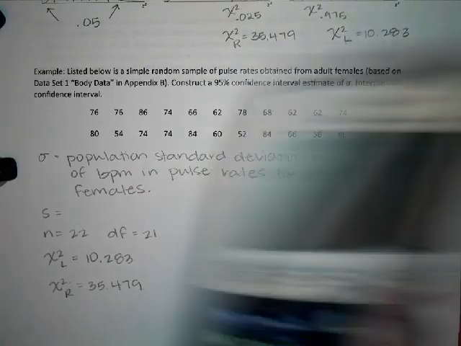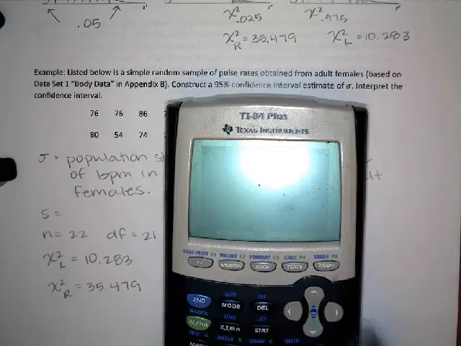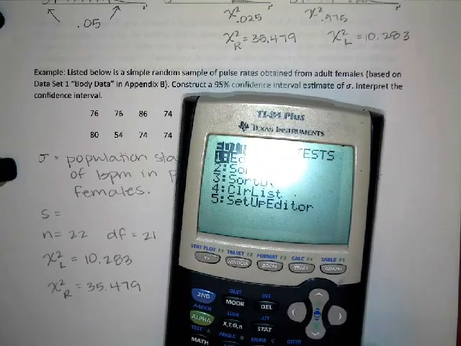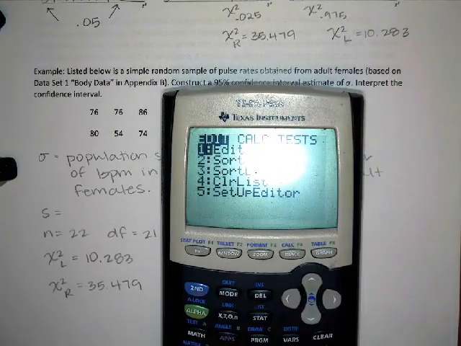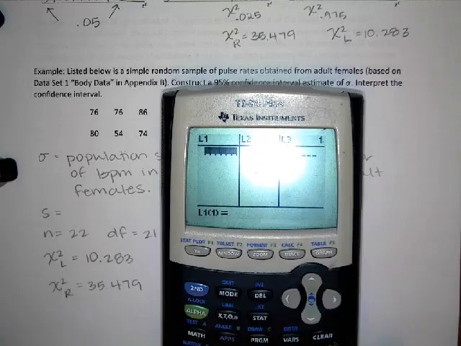So I'm going to go through and hit the stat button and plug in my list. So stat, on edit, I'm going to press enter, and I'm just going to type in all of these numbers.